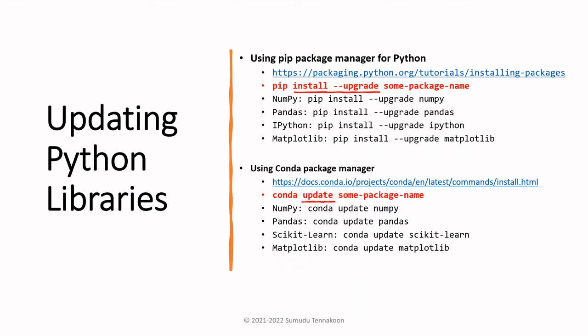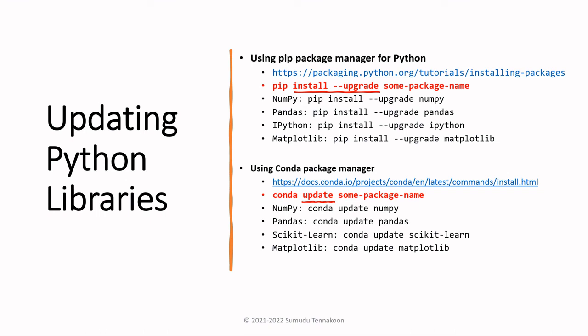Similar to any other software tool, Python libraries also need to be updated. When a new update is released, you can update your installation of libraries. If you want to use the pip package manager to update an existing Python library already installed, you can say pip install --upgrade and then the package name.